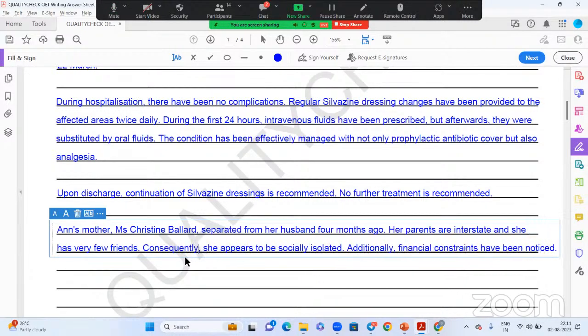Consequently, because of all these things, means therefore, not only social isolation, but also, additionally means but also, financial constraints have been notified or noticed or observed.